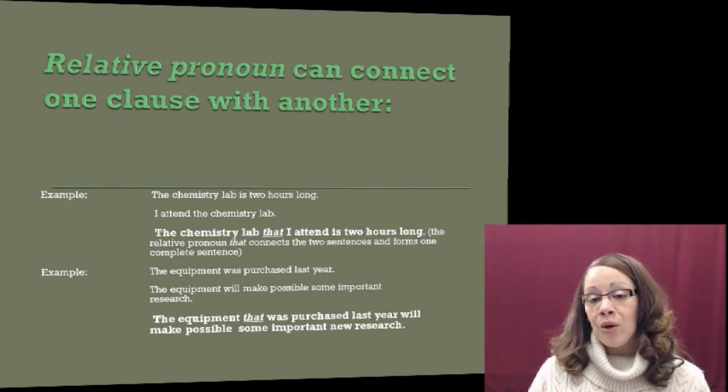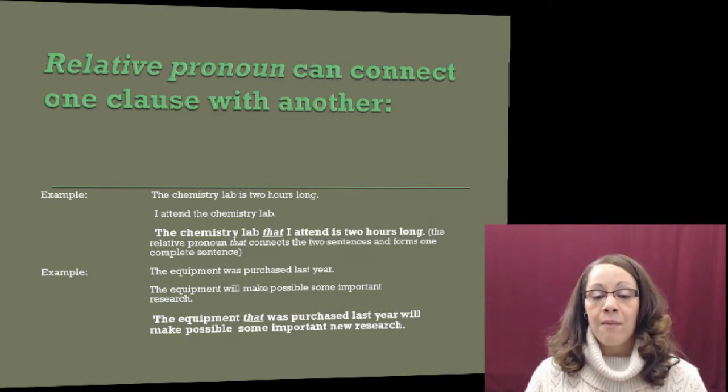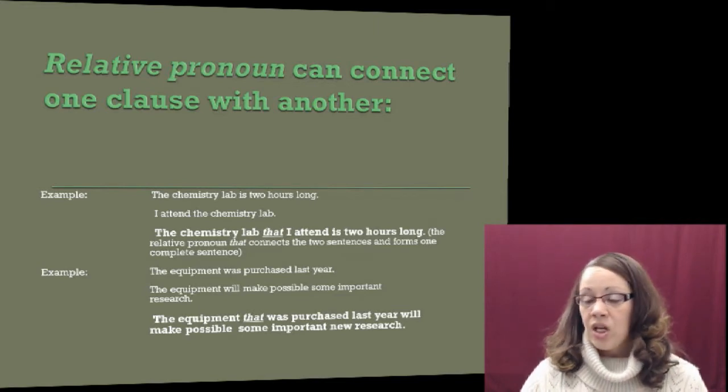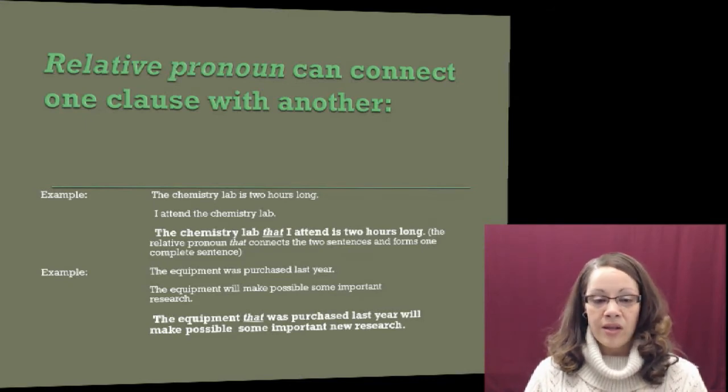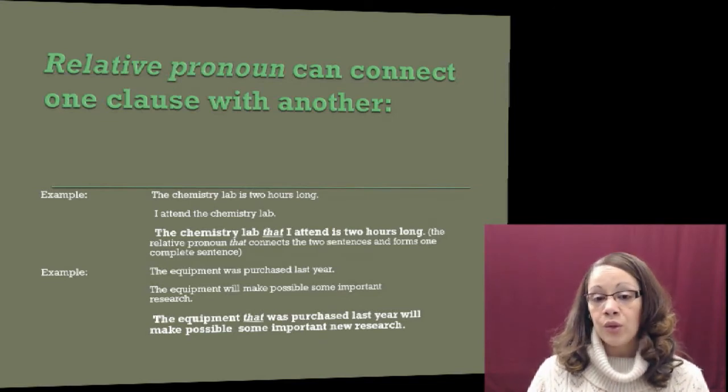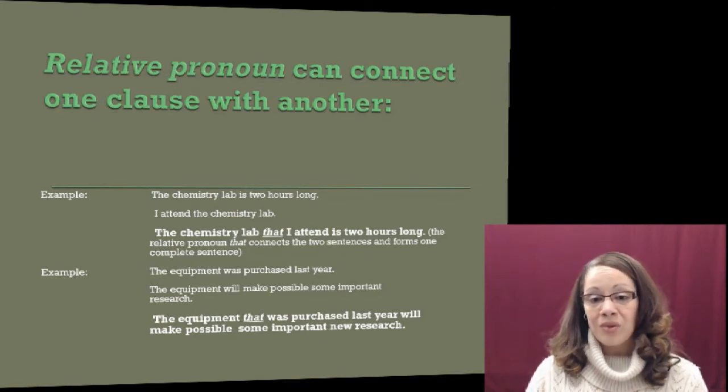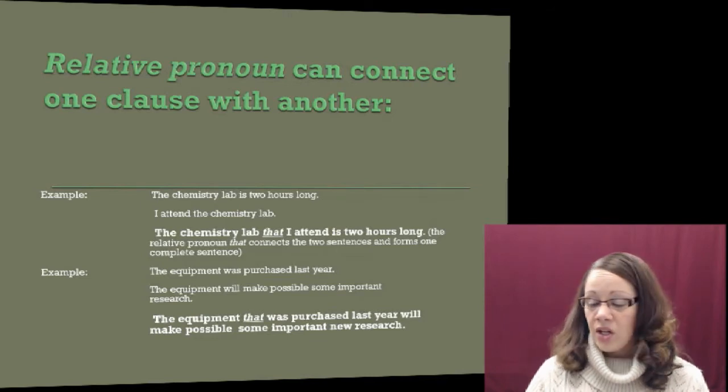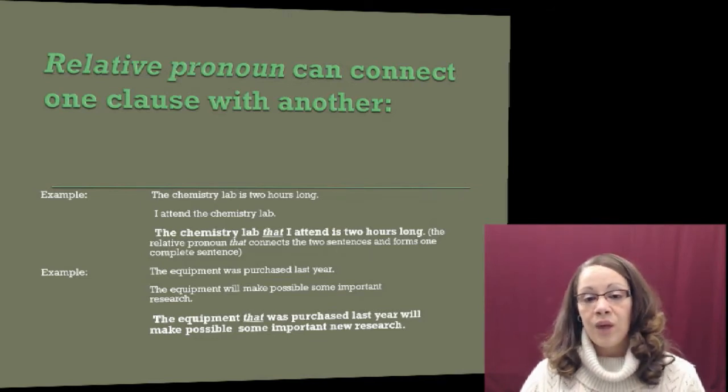So I combine both ideas into one complete sentence using that as our relative pronoun that combines both together. Okay. So again, using relative pronouns to combine ideas helps to make more complex sentences, and that's what we're going to strive for in the future, to turn those simple sentences into more complex sentences that have more variety and more sophistication. So that's what we're striving for throughout these modules.